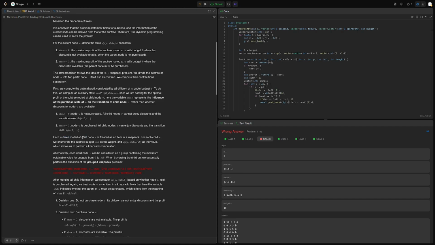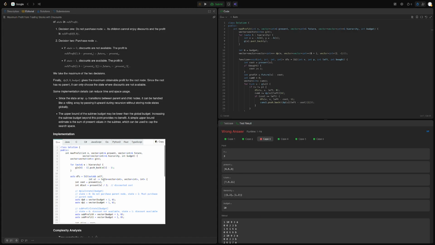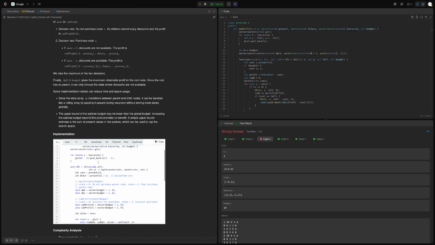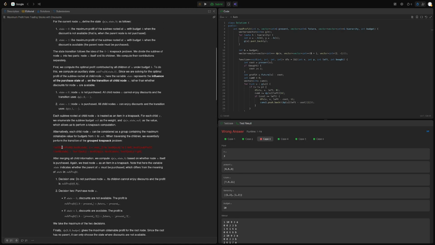Okay, each sub-derivative. What is even the DP here? And why do you use a tuple? Can't use a vector at that point. It's treated as an item. The sub budget is the weight.